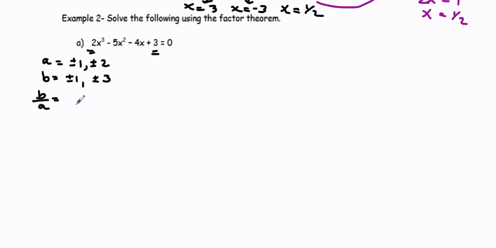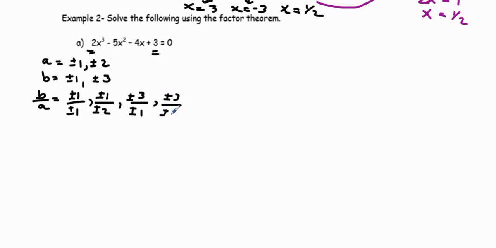So B over A would be 1 over 1, positive or negative. B over A is also 1 over 2. And then it's also 3 over 1 and 3 over 2.